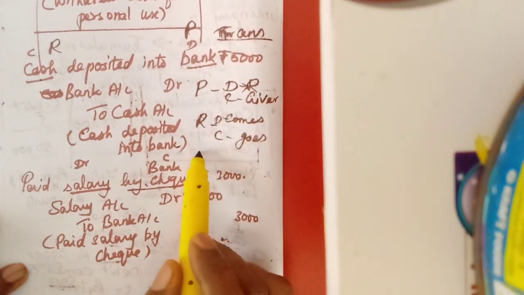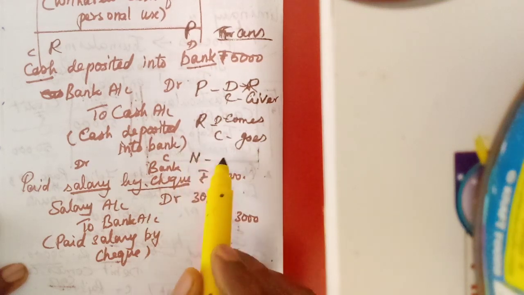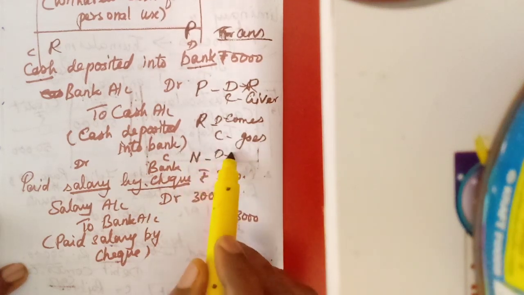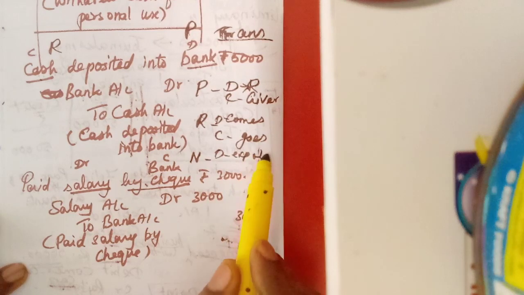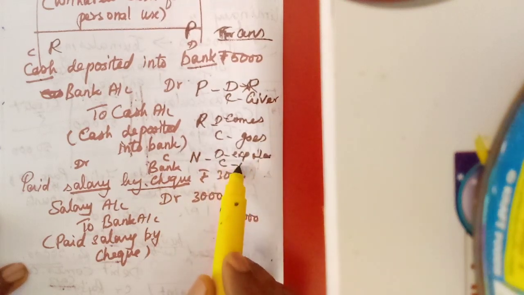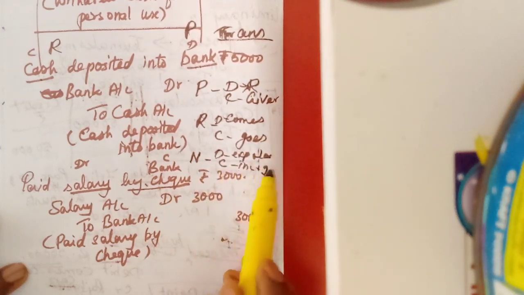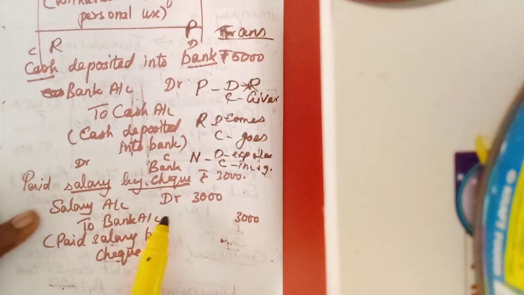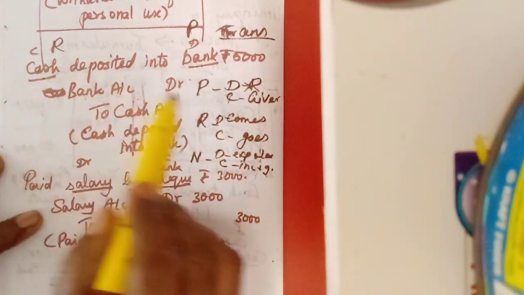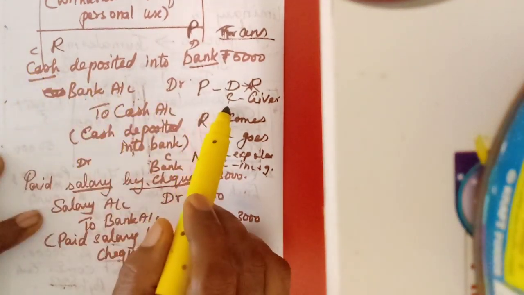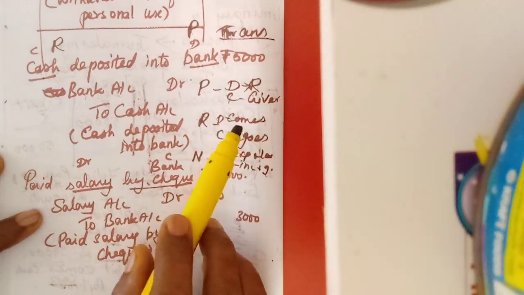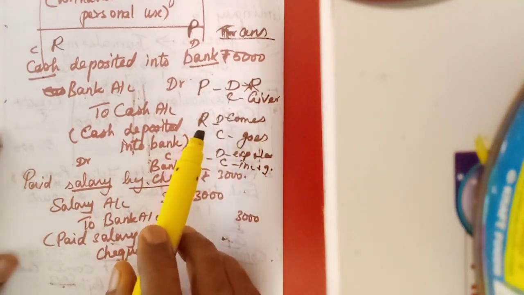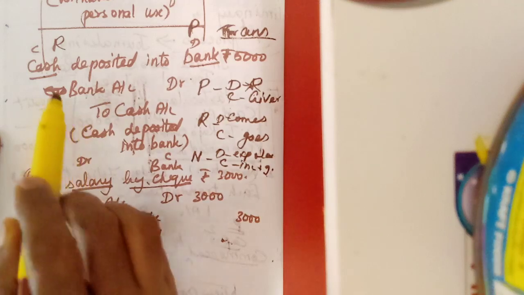For nominal account, debit all expenses and losses, credit all incomes and gains. At any time if we ask, you should be able to answer these golden rules of accounting.